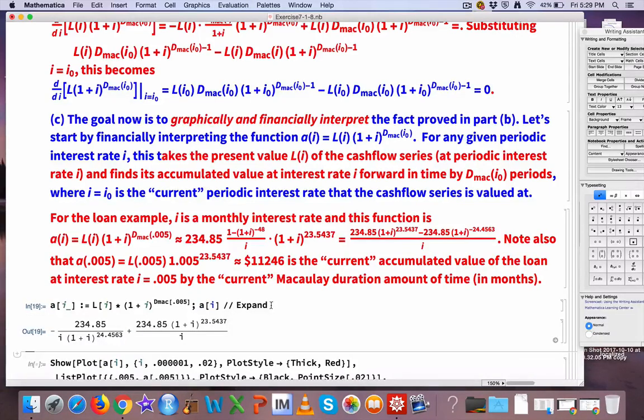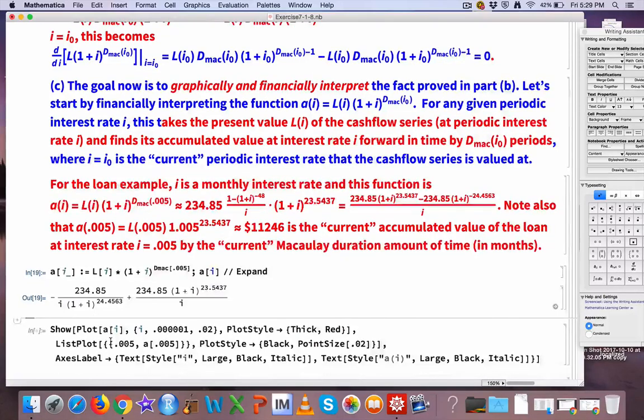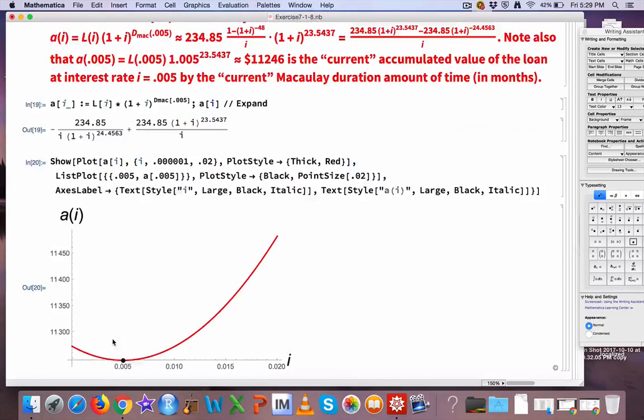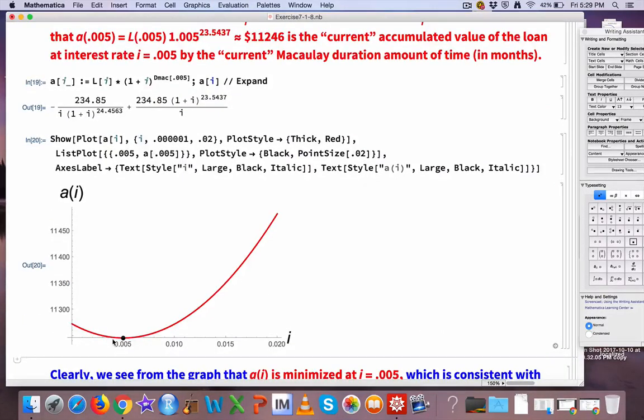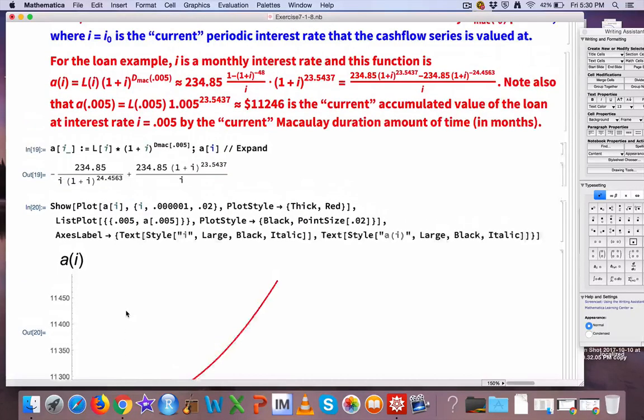Here's the formula, and Mathematica is writing it in a different way, but more importantly, we can graph this. Here's our graphical interpretation. We see that in fact at I equals 0.005, A of I does indeed have a minimum.